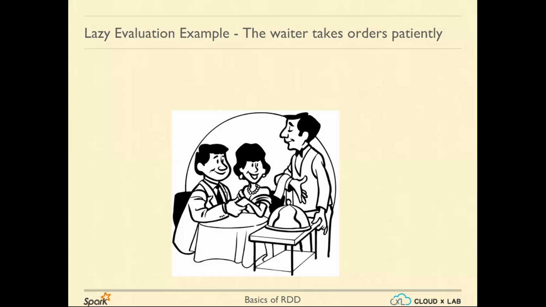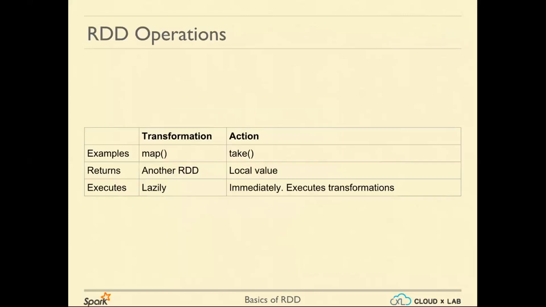We have been noticing that when we did map, flat map, filter, or any other transformation, the actual execution does not happen. It only makes notes of it and then returns very quickly.